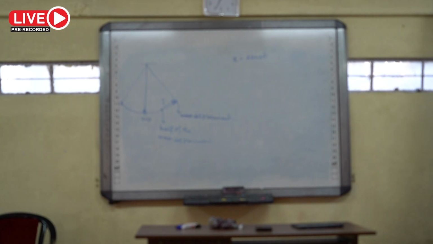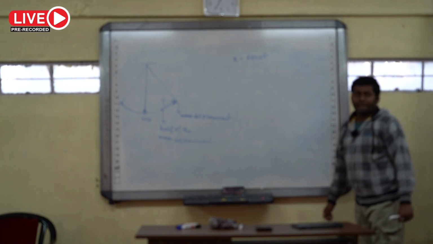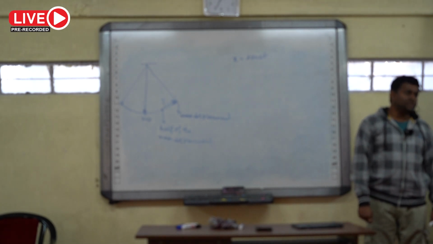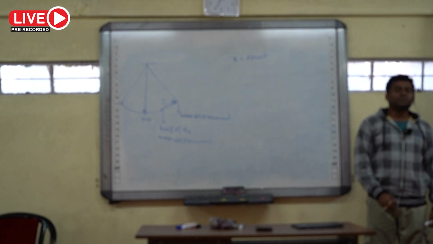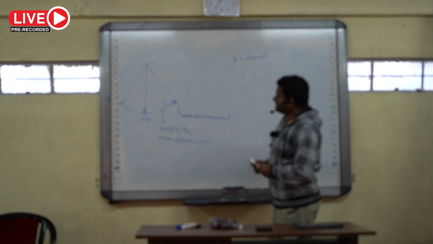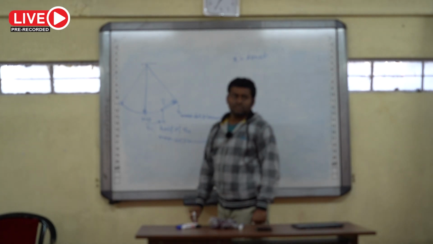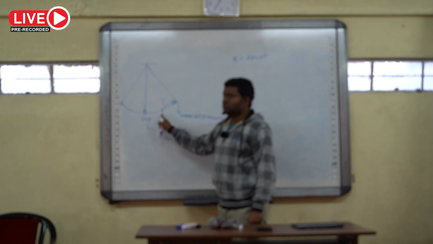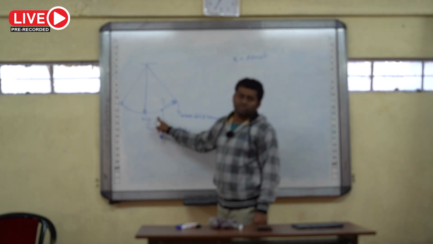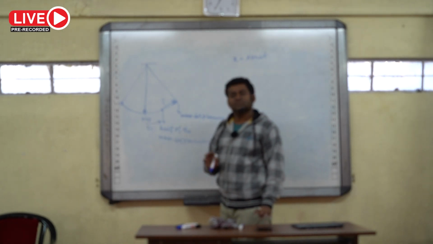So x equal to a sin omega t. Now maximum displacement means amplitude. Half of the maximum displacement means amplitude by 2. So let us consider from x equal to 0 up to this, it takes time t1. In coming from x equal to 0 to half of the maximum displacement, it takes time t1.